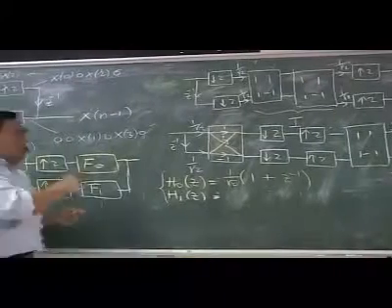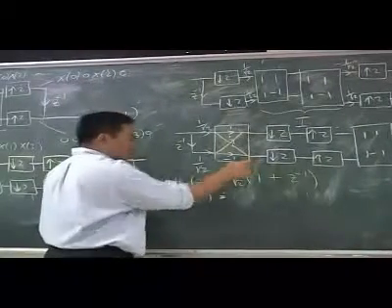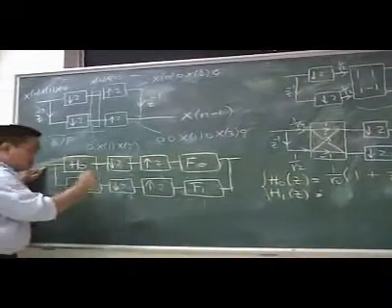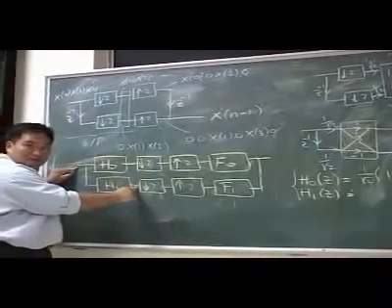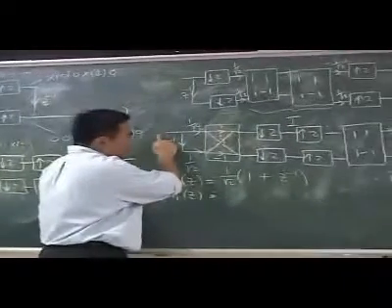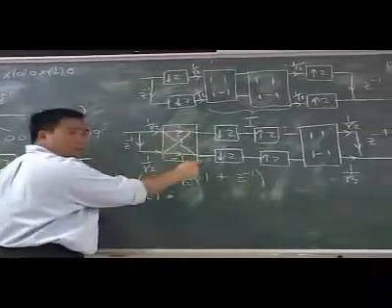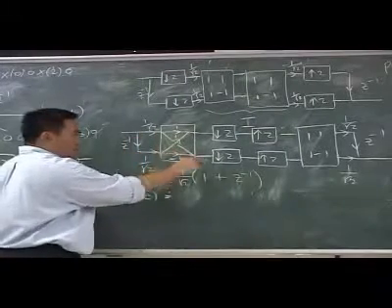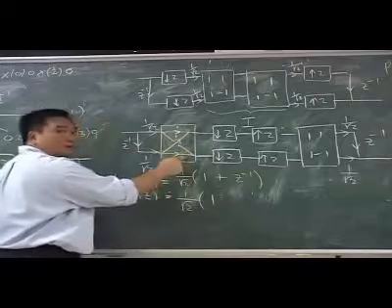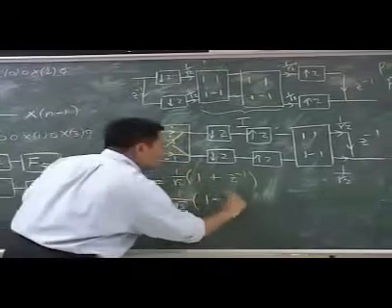How about the second branch? What's H1? H1 is from input to the second downsampler. What is that? 1, right? Minus the inverse.